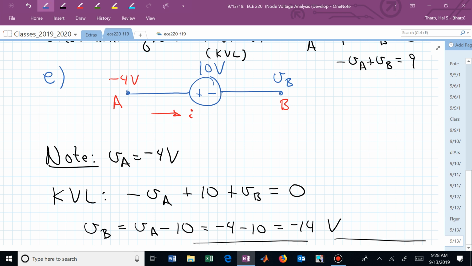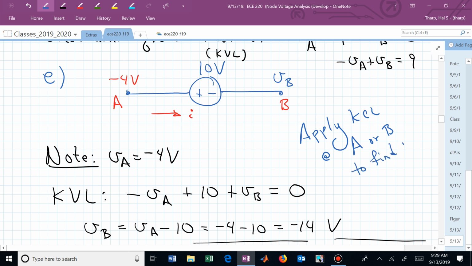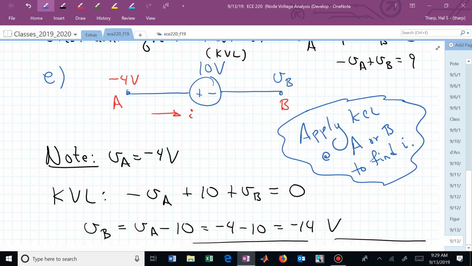In order to figure out I, we could apply KCL at either node A or B to find it. Given this information, we know V sub A and V sub B. If we want I, we can write a KCL equation. This was in the box in our earlier circuit.